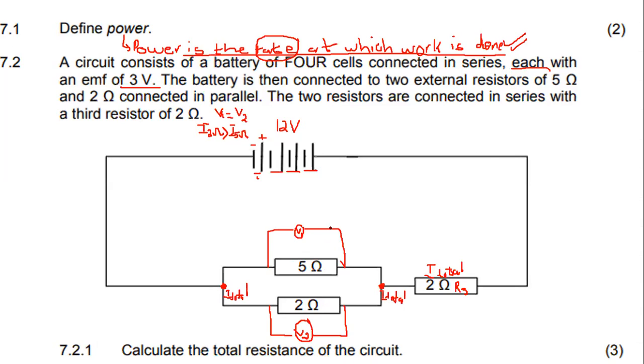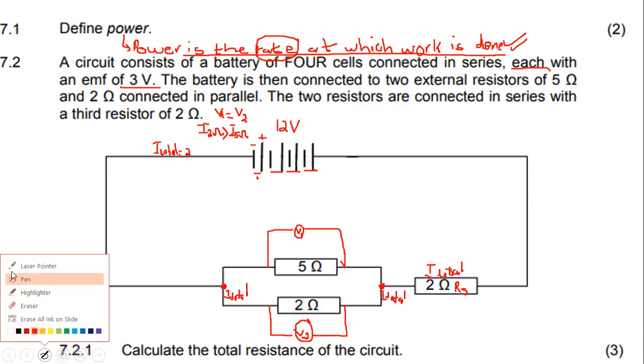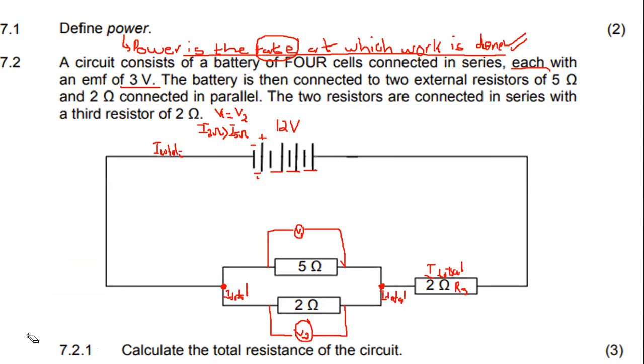What else do I know theoretically? I know that the total current is going to be made up of the current that flows through the 2 ohm resistor plus the current that flows through the 5 ohm resistor.